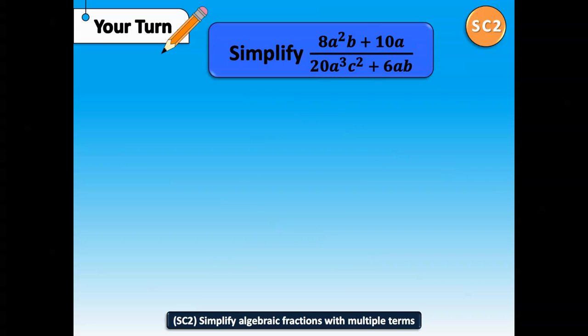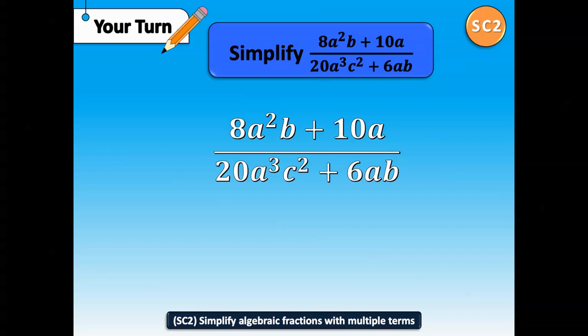Here's another question for you to have a go at. Pause the video, and when you're ready to see what you should have done, press play. So for this question, we can divide everything by 2.